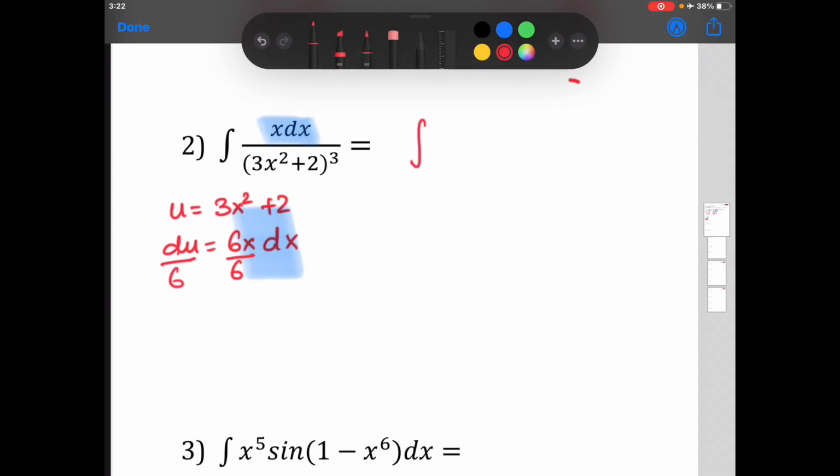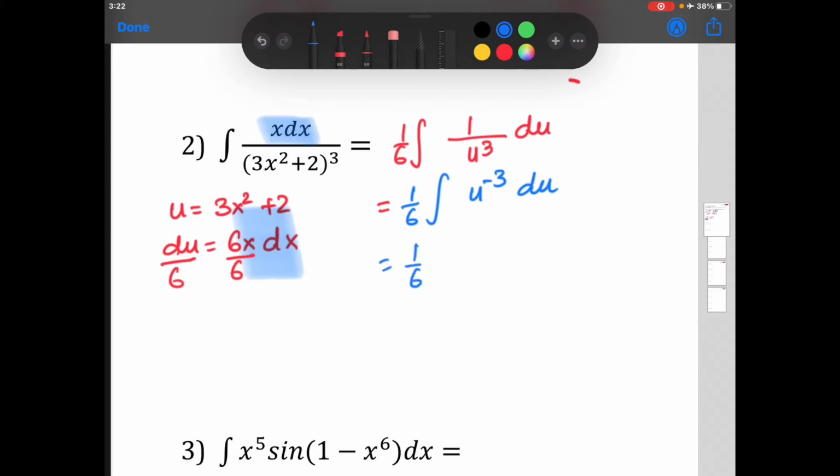So I'm going to pull out this 1/6. So this would be 1 over u cubed du, right? So I'm going to rewrite that as 1/6 u to the negative 3rd du.